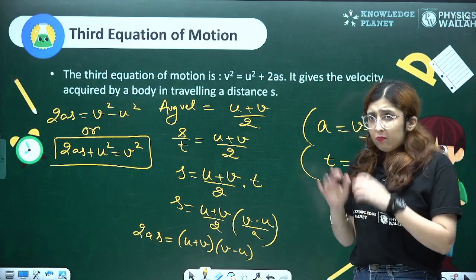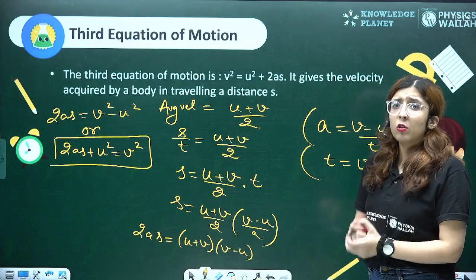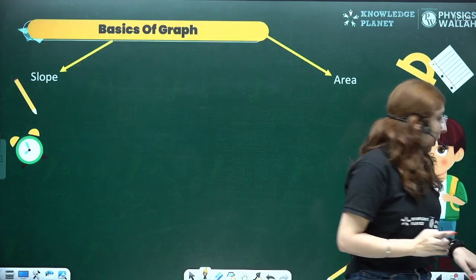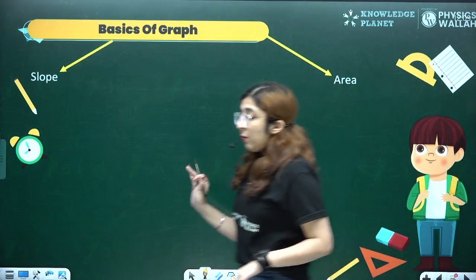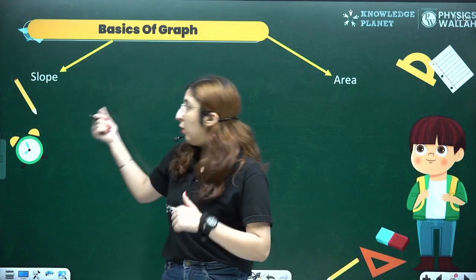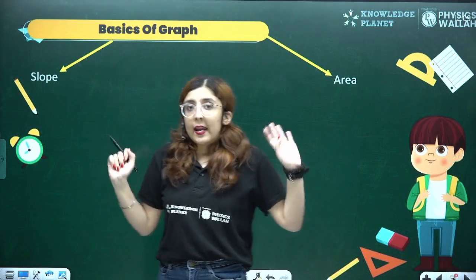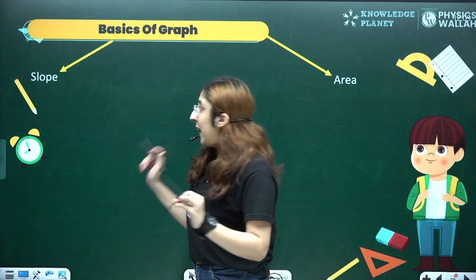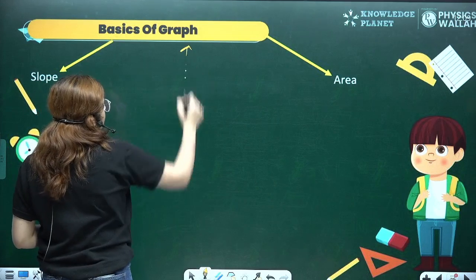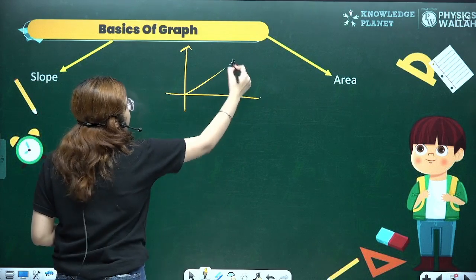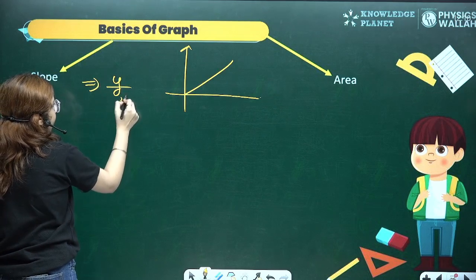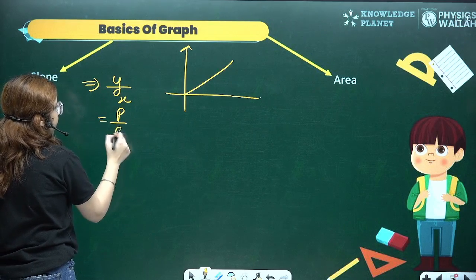Now as we are through with the derivation, that is how we derive the three equations of motion, now we are going to talk about our graphs. When we talk about a graph, it will give you two pieces of information. What are they? Slope and area. Whenever you talk about slope, how do you find it in a graph? The slope will be found by y by x, or you can say perpendicular by base.